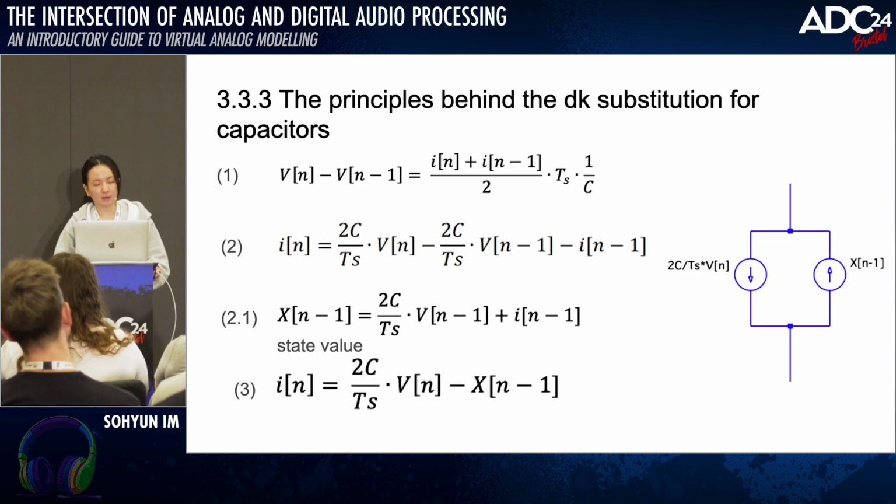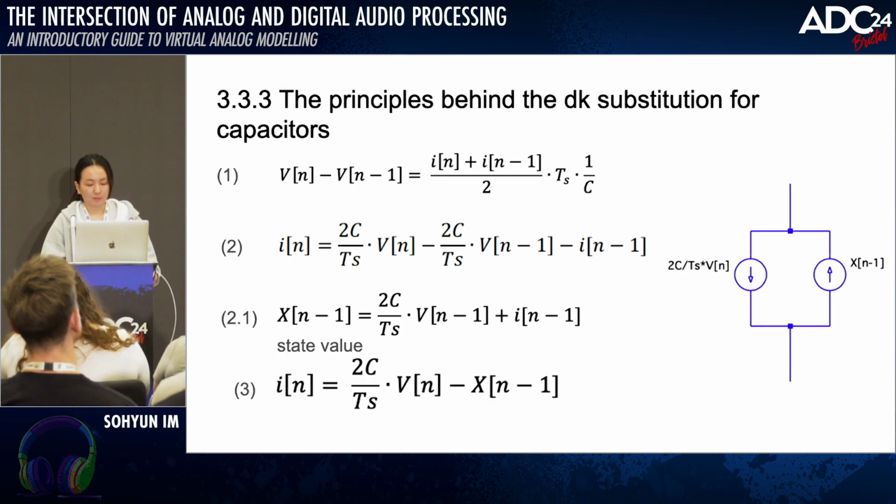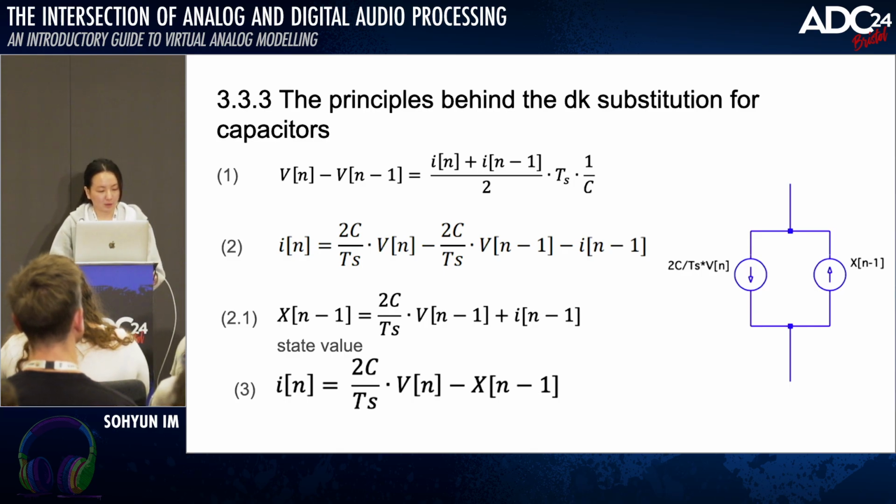Because this n minus 1 expression is a contribution from the previous discrete signal. So, rewriting equation 2 using the state value, we group these n minus 1 terms into one term, x of n minus 1, and we call this the state value.